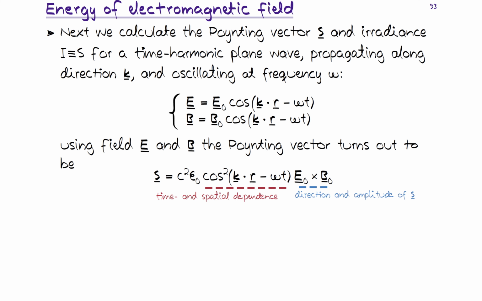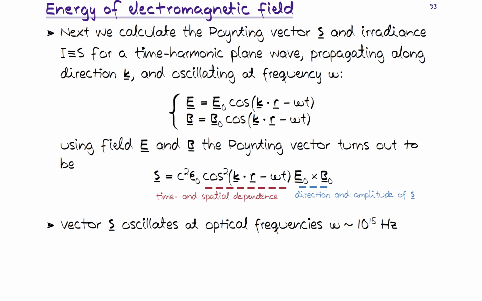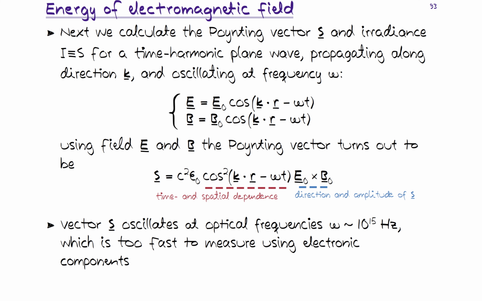We can see from here that the direction of propagation for S will be perpendicular to E and B. And we also know that the strength of S is related to the E and B field amplitudes. But we also know, looking at this, that we have this awful looking cosine squared term, so the vector S also oscillates quite quickly. It oscillates at optical frequencies, and the angular frequencies in the optical regime are of the order of 10 to the power of 15 hertz, which is quite fast.